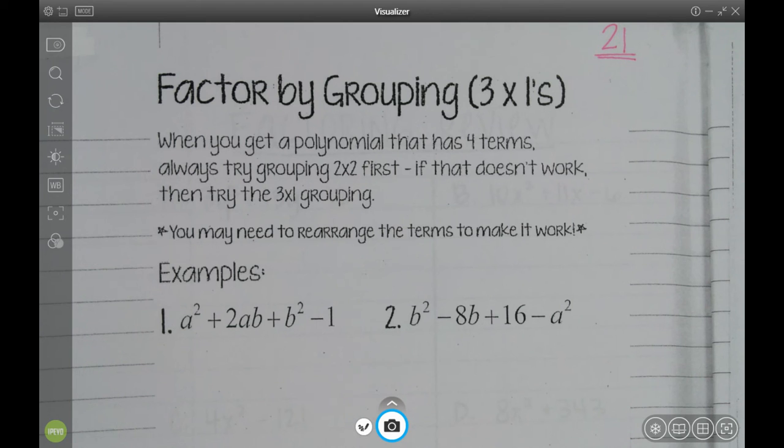Okay, so you may see where it says factor by grouping, and you may be like, hey, we already did that, Stuart. Like, we get it. We know how to do this.